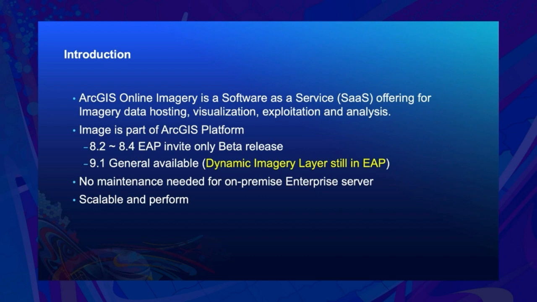If you are from one of those organizations, we thank you for your participation and your feedback on this new functionality. And in the 9.1 ArcGIS Online release, the imagery capability will become generally available to all organizations in ArcGIS Online. But the dynamic imagery layer capability will stay in the early adopter program.